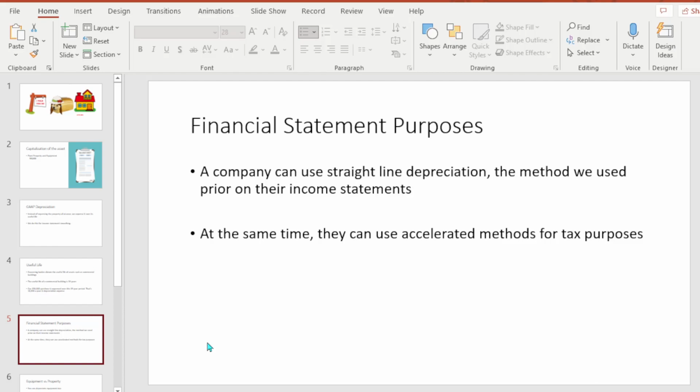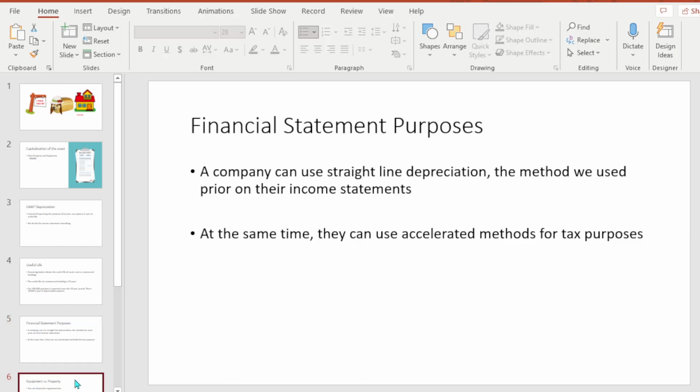So if we're talking about time value of money, we're getting more money up front because we're paying less taxes. But in the future, we're going to have to pay more taxes because we're depreciating it faster. So accelerated methods for tax purposes are giving us more money in the early stages. But in the later stages, because we're depreciating it faster, we're not going to receive as many tax benefits.